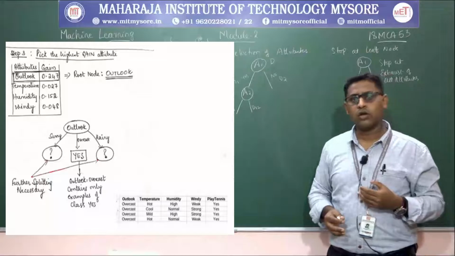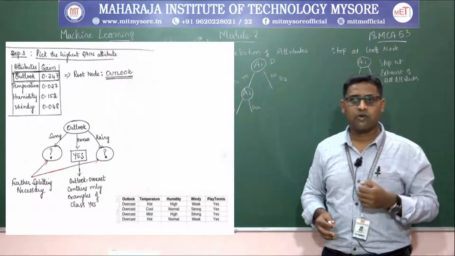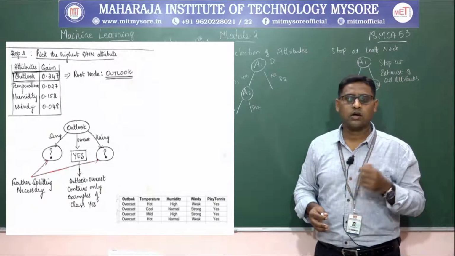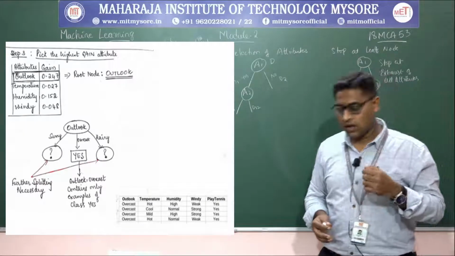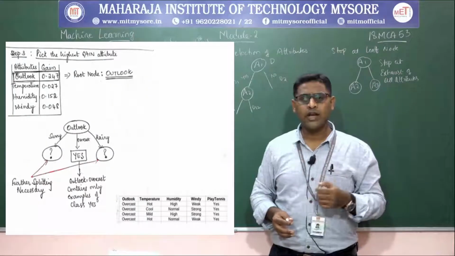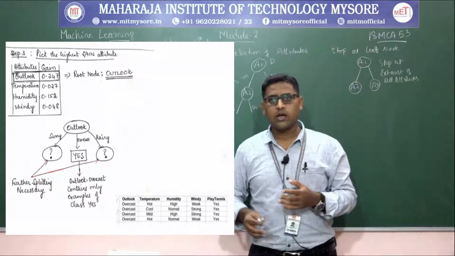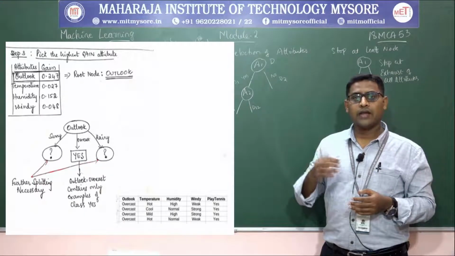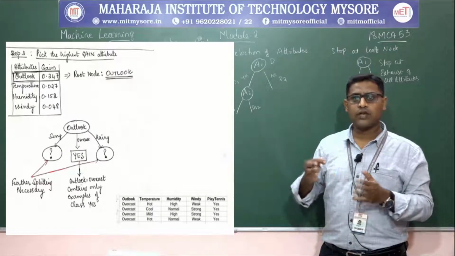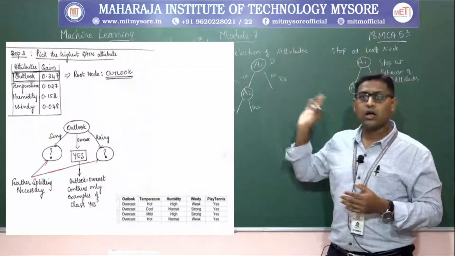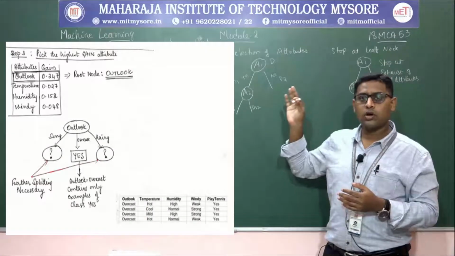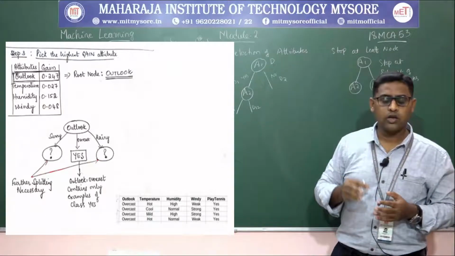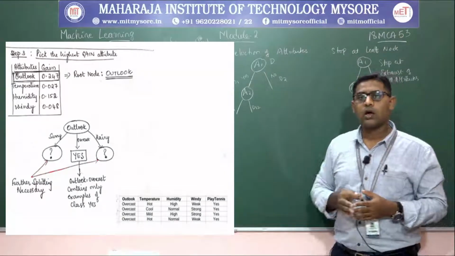Respectively, for outlook it is 0.247, for temperature it is 0.027, for humidity it is 0.152, and for windy it is 0.048. Now from this table we need to pick the attribute with the highest gain value, which will become the root node. Outlook has the highest value, 0.247, so outlook will become the root node.